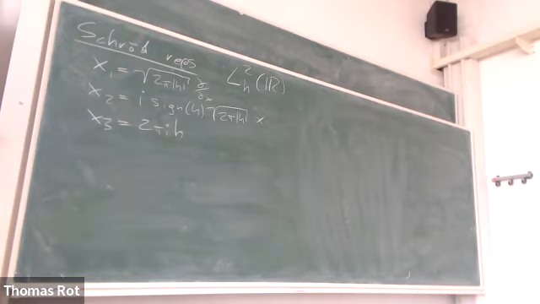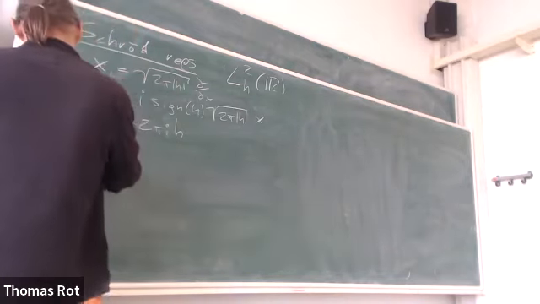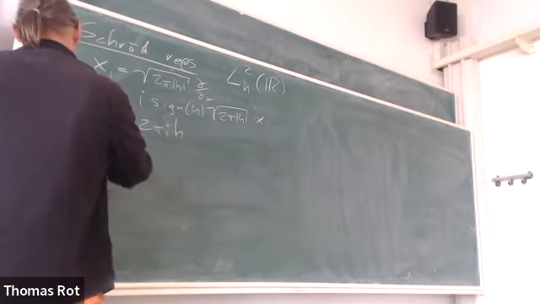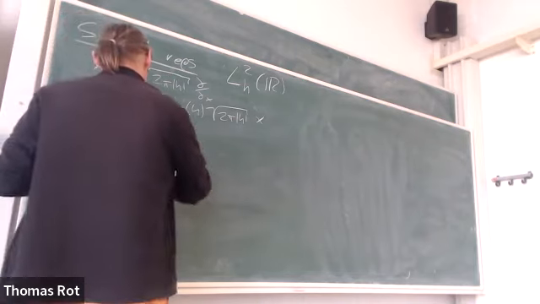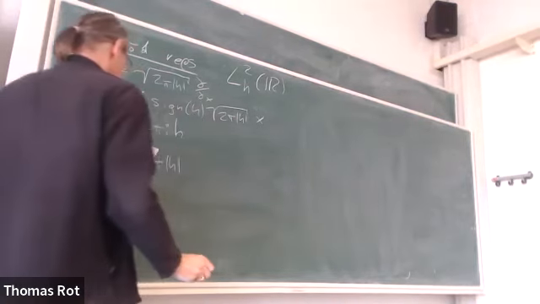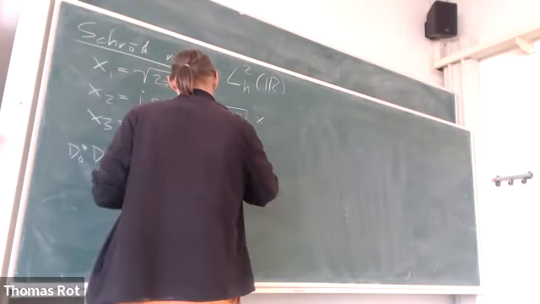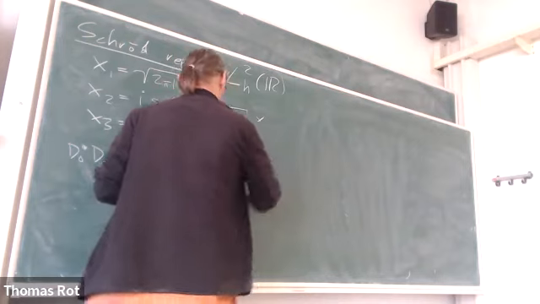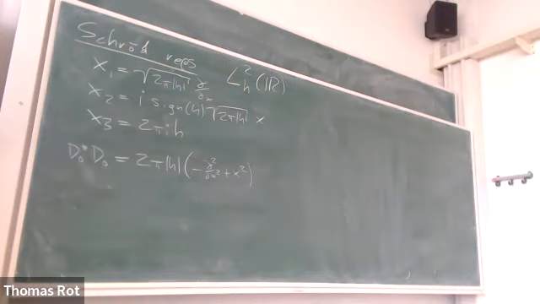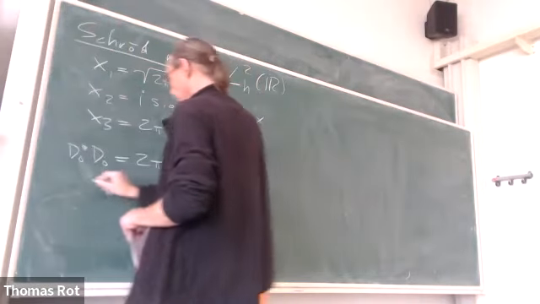And if you look at the operator d naught star d naught in this representation, what you get is 2 pi H times minus d by dx squared plus x squared, a harmonic oscillator in this representation.